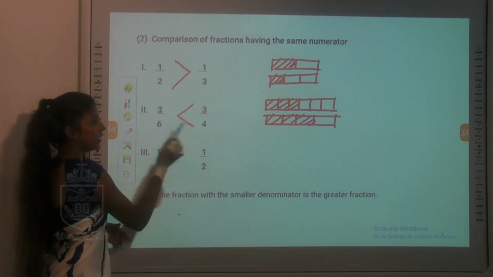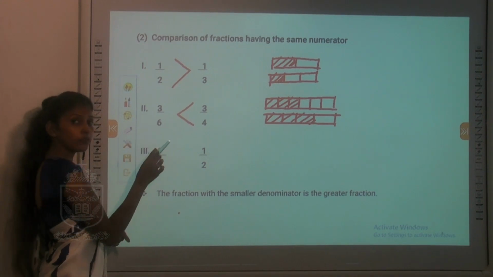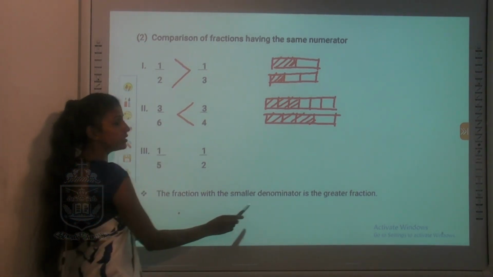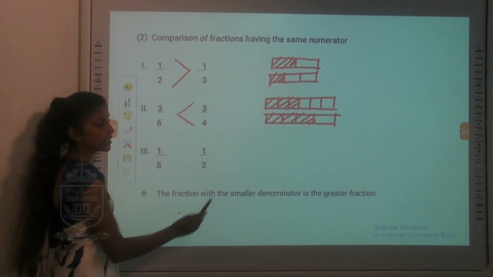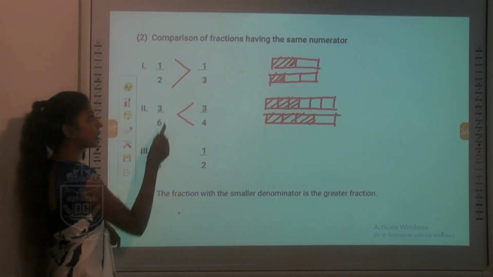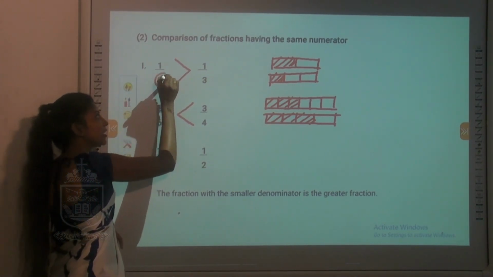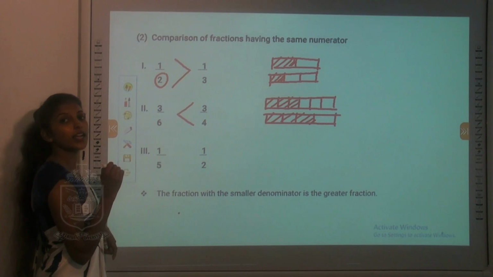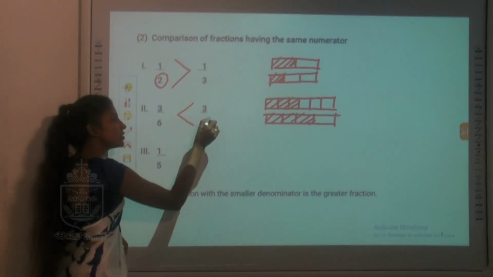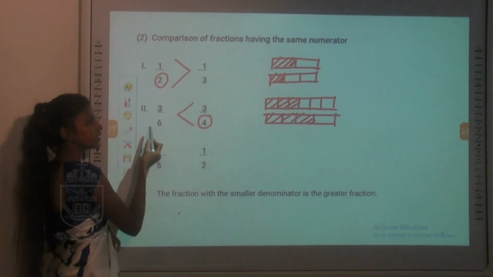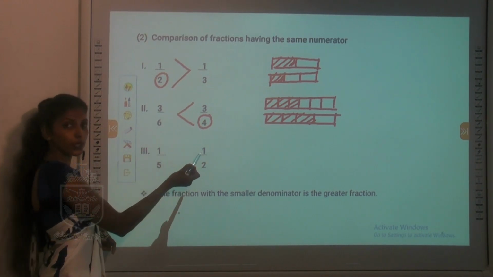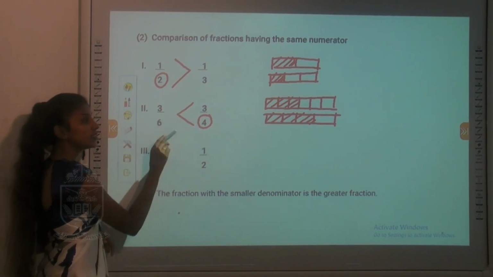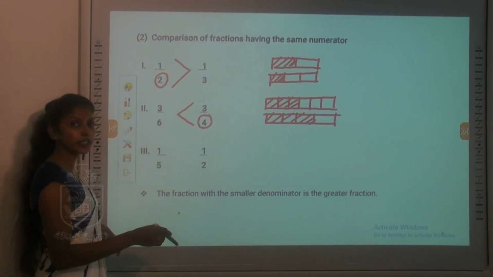Always the fraction with the smaller denominator is the greater fraction. The fraction with the smaller denominator will become the larger fraction. 6 is large, 4 is small, so always the smaller denominator will become the larger fraction.